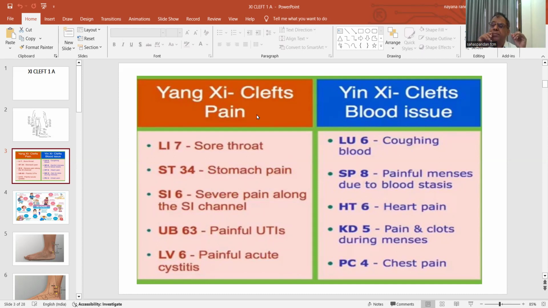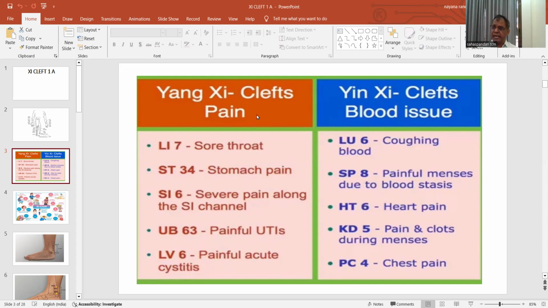So prick the kidney 5 and allow blood to come out, up to 20 to 30 drops. When you do it like this, the patient will be fast asleep and the pain will stop immediately, and he will be calm.